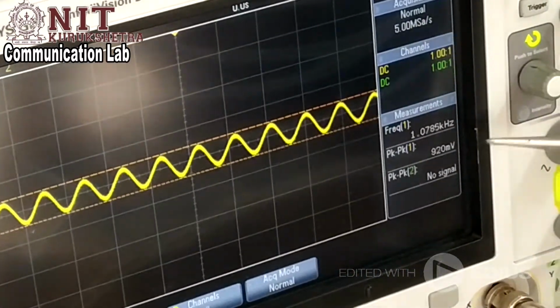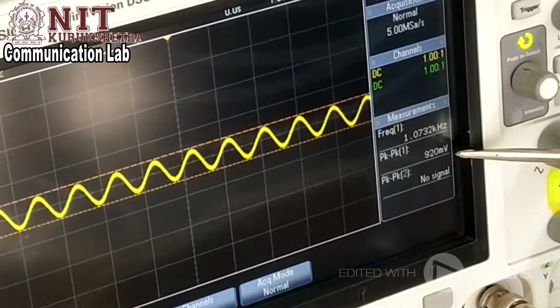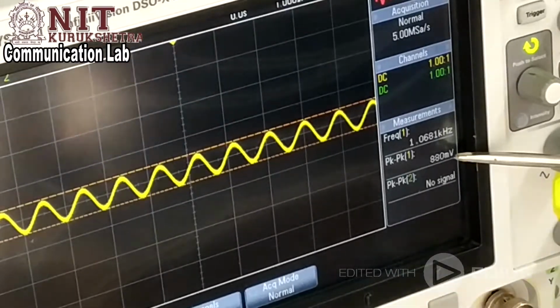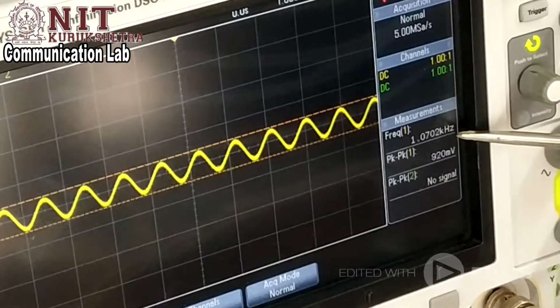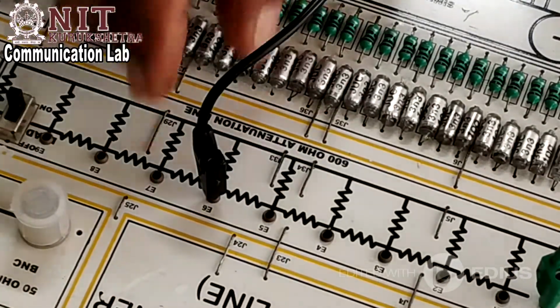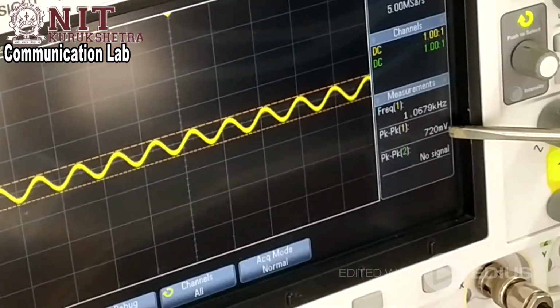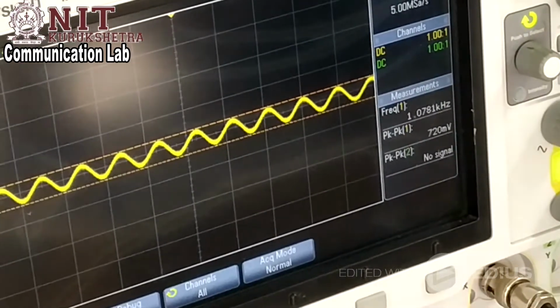At E6 you can see on the CRO the voltage is 820 millivolt and the frequency is 1 kilohertz. Our next step, we are connecting at E7, as the CRO shows 720 millivolt.